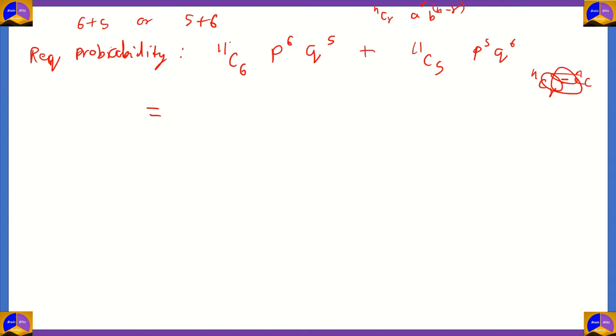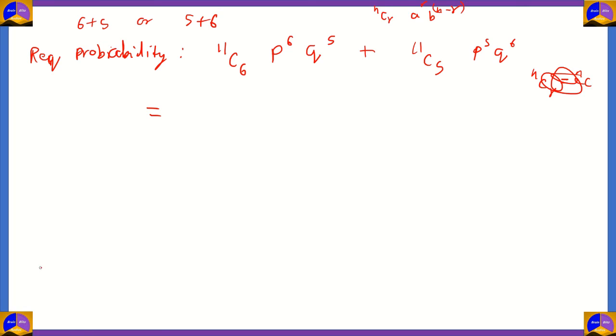So if we take 11C6 and 11C5, we notice that they both have the same values, because, for example, if we were to take 11C6, that's 11 into 10 into 9 into 8 into 7 into 6, and in the denominator it'll be 1 into 2 into 3 into 4 into 5 into 6. As you can see, 6 gets cancelled. What we have is 11C5. So we can find out that the values of 11C5 and 11C6 are the same.